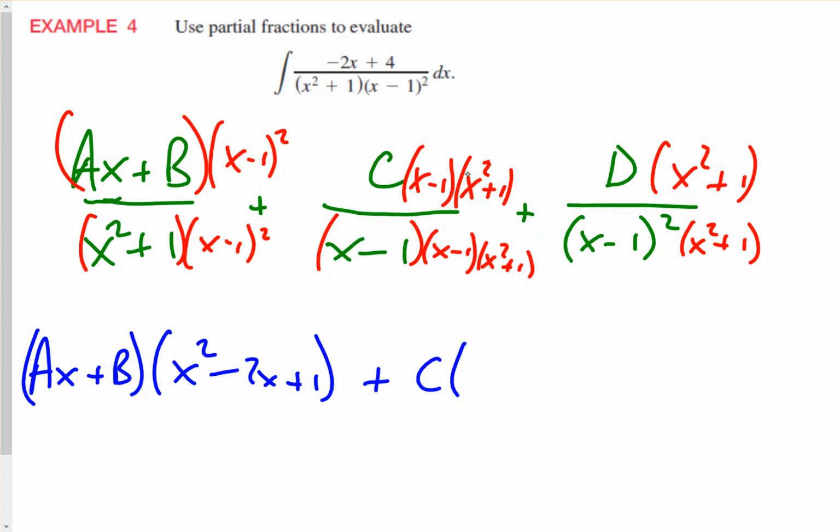That's x cubed plus x. Okay, so we have x cubed plus x minus x squared. So minus x squared plus x minus 1. And then d. Well, d, we could just distribute that out. So it's d x squared plus d.